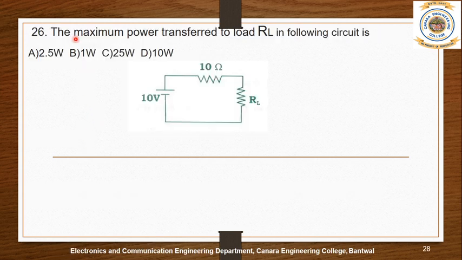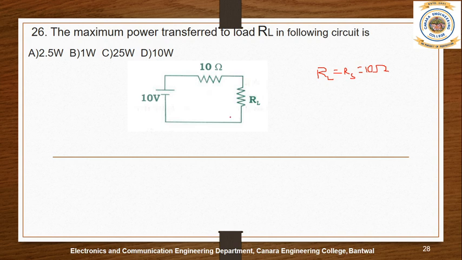Next, the maximum power transfer to the load RL in the following circuit is 2.5 watt, 1 watt, 25 watt, or 10 watt. According to the maximum power transfer theorem, RL is equal to RS, that is 10 ohm.